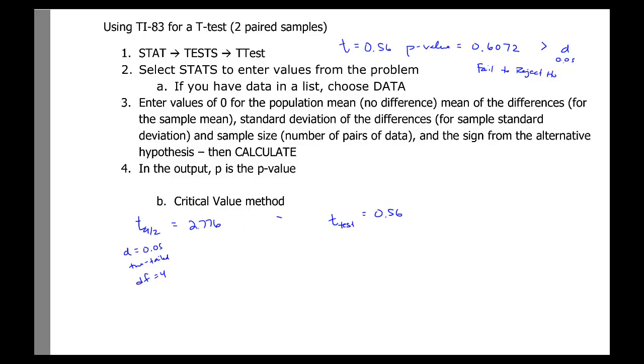Our calculated t is less than or less extreme than the critical value of t, so you fail to reject the null hypothesis. And again, the critical value method is the least used method. The p-value is the more common. But let's look also at confidence intervals.